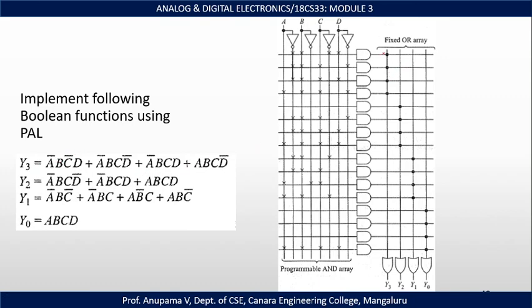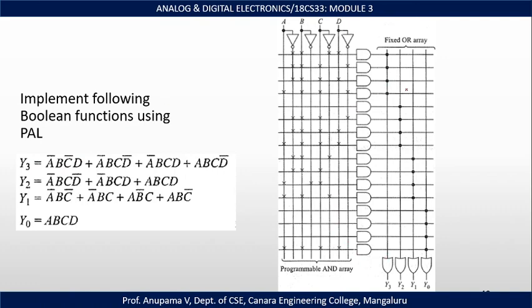So let us fix that: for each OR gate, the outputs of 4 AND gates are inputs. Now we will implement Y3. The first term is A bar, B, C bar, D. We will implement it using the first OR gate.